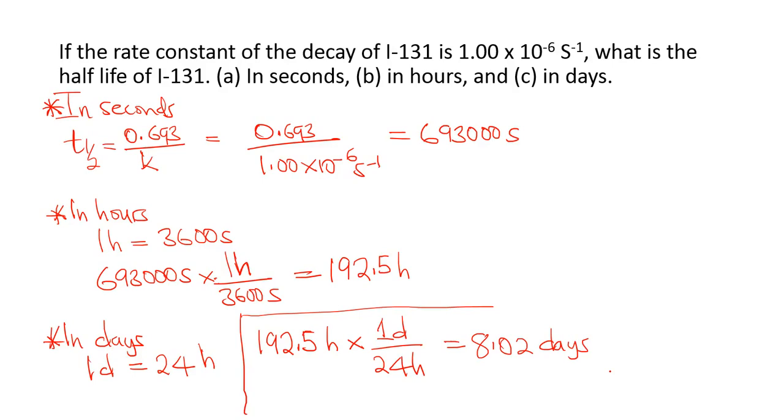So the half-life of iodine 131 is about 8 days, about 193 hours, and 693,000 seconds. That's how we use half-life equations to make calculations.